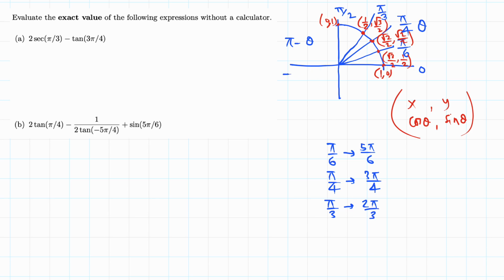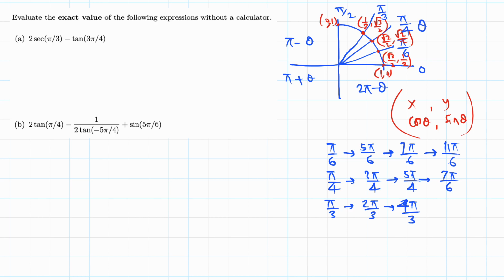In the third quadrant, it's pi plus whatever that angle is, so that will be now 7 pi over 6, this will be 5 pi over 4, this will be 4 pi over 3. And then here comes 2 pi minus whatever in the first quadrant, so 11 pi over 6.